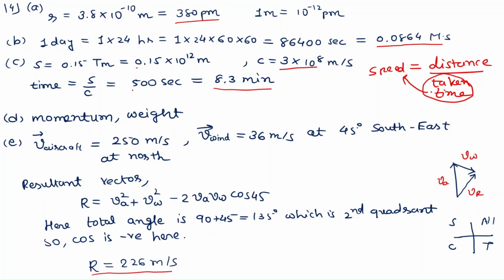So we got the answer 500 seconds, but they want the answer in minutes. So you have to divide by 60. Now you will get the answer in minutes, and it is 8.3 minutes.